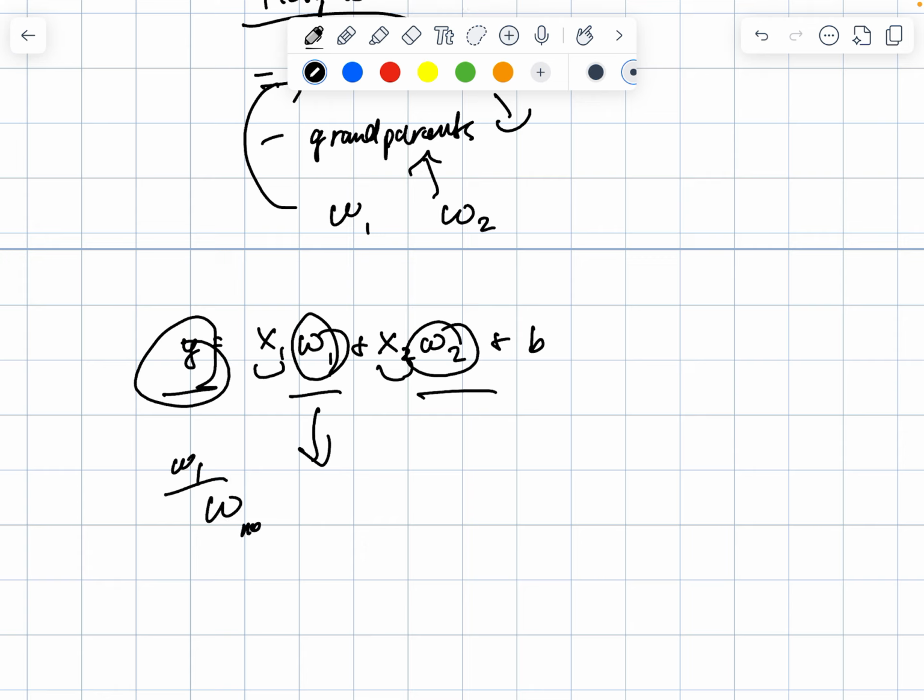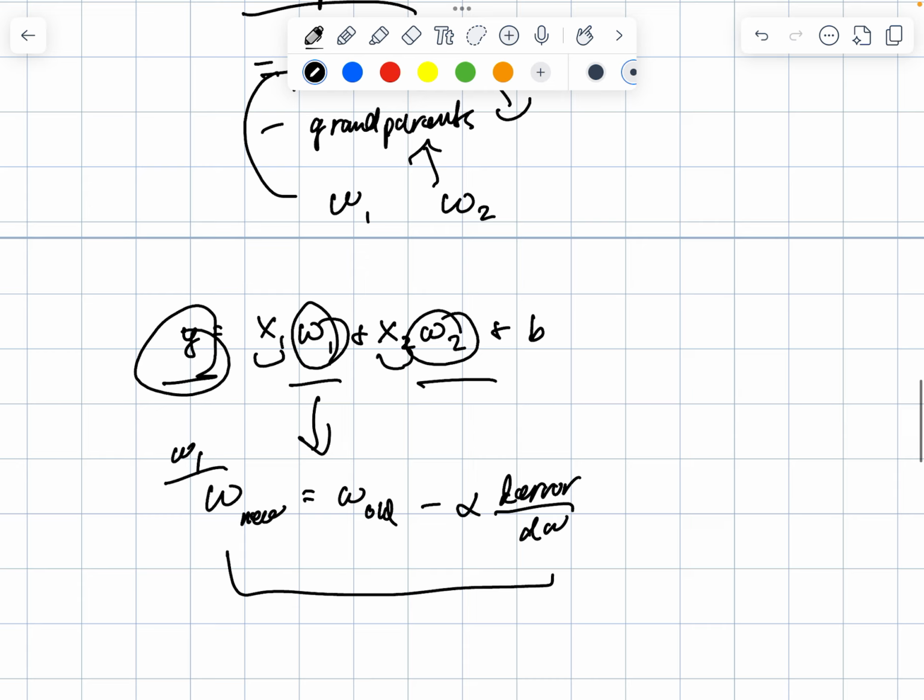It would say w new equals w old minus learning rate times the error, the partial derivative with respect to that weight. Does this look familiar? Yes, this is the formula for gradient descent, which is how we update our parameters.